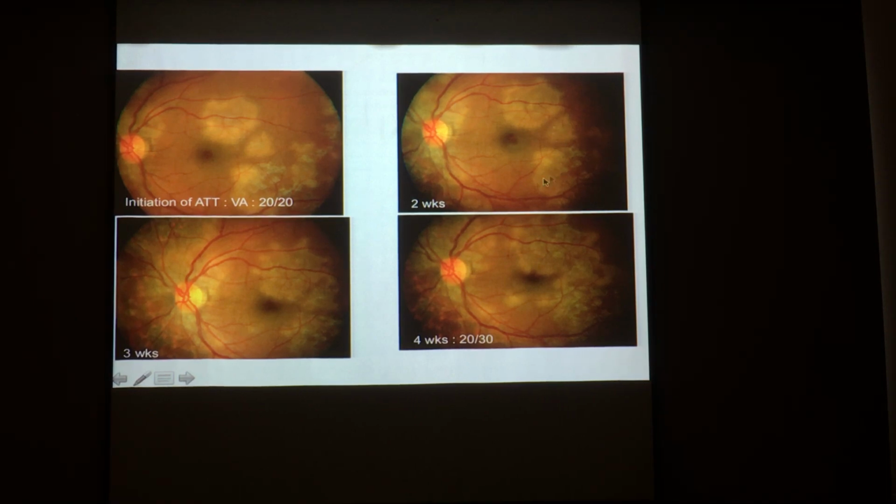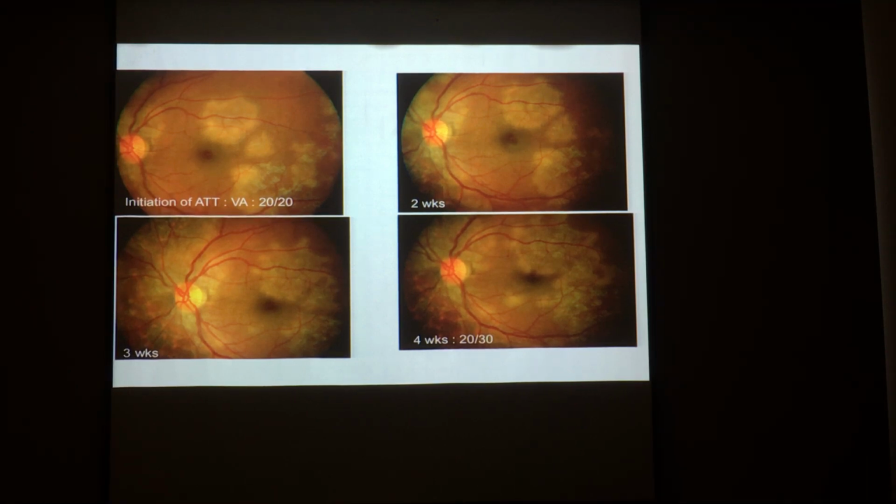And this is what you see: within 2 weeks, within 3 weeks, his fovea is getting threatened, and by 4 weeks it has come right close to the center. This is the time when we wake up and say, oh my God, this patient should have been treated with corticosteroids.